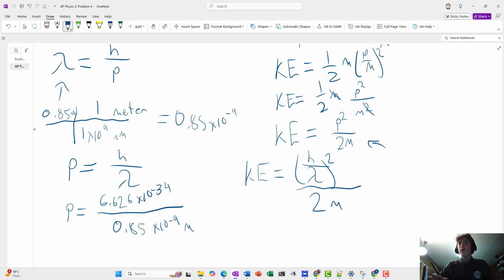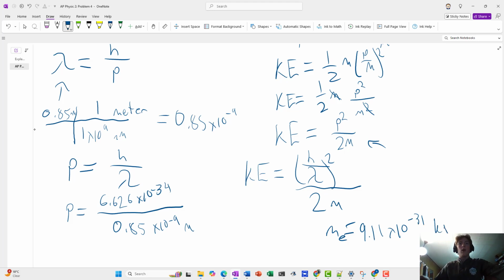We found that to be meters. So we can plug that in. We know the mass of an electron. We can look at our equation sheet. The mass of an electron is actually equal to 9.11 times 10 to the negative 31 kilograms.